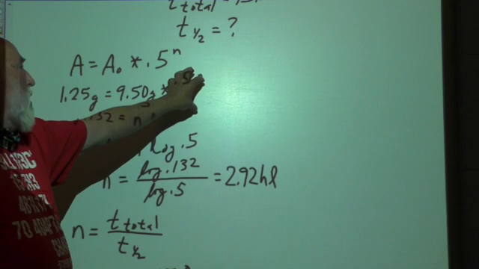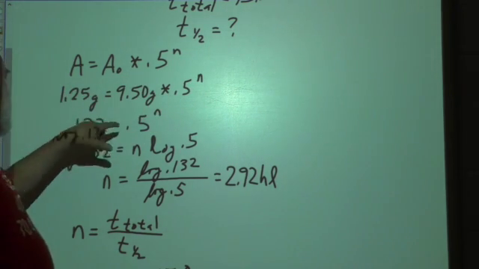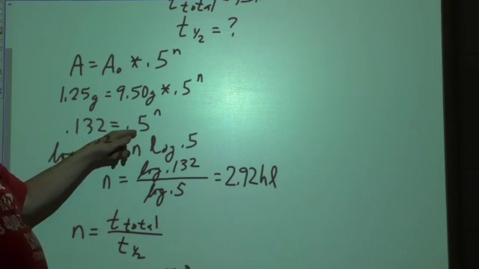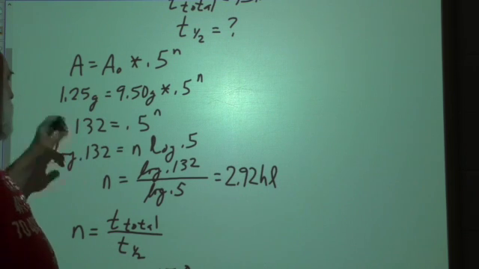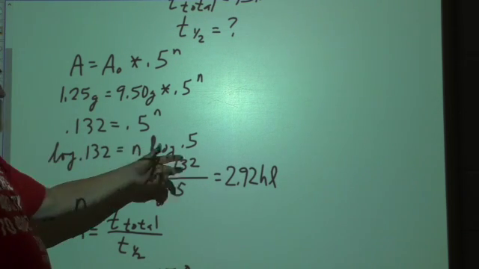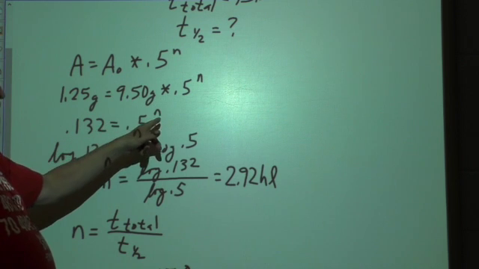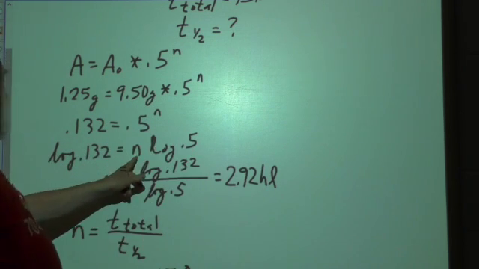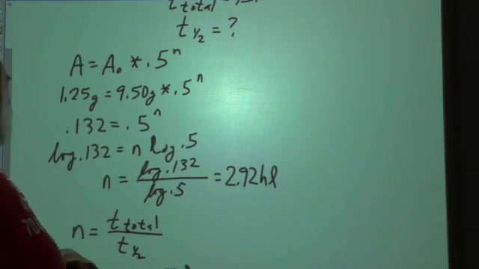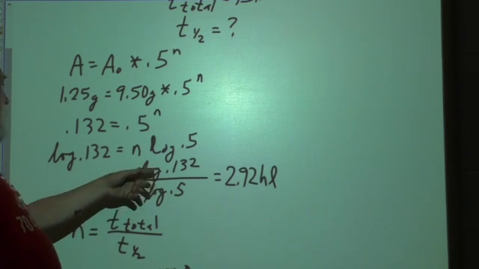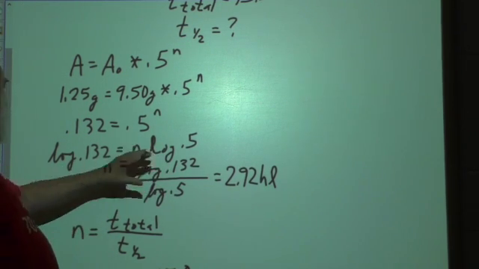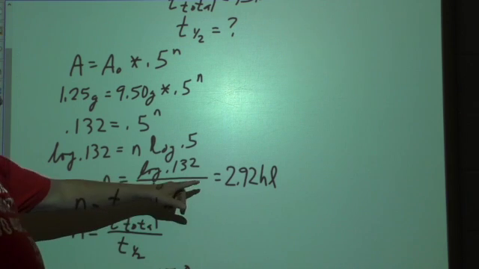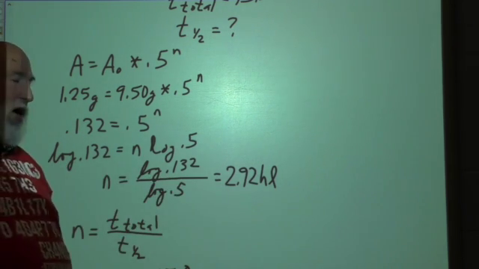Get 0.5 to the n power by itself, so you divide by 9.50, get 0.132. Now you take log of both sides, and remember, we do that so we get the n out of the exponent. And so this becomes n log 0.5. And then we take log 0.132 and divide by log 0.5 to get n by itself. And we get 2.92 half-lives.